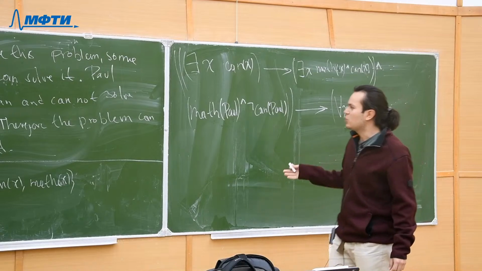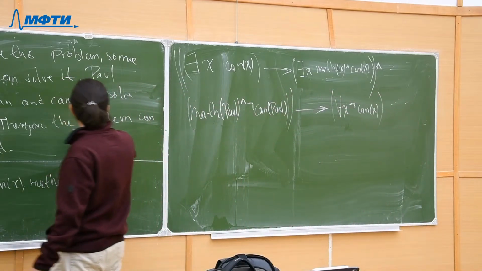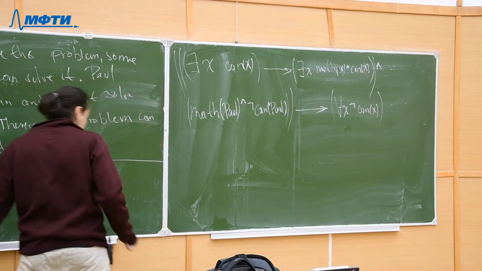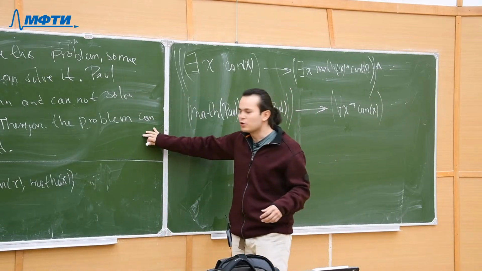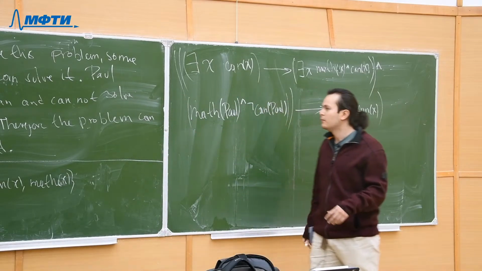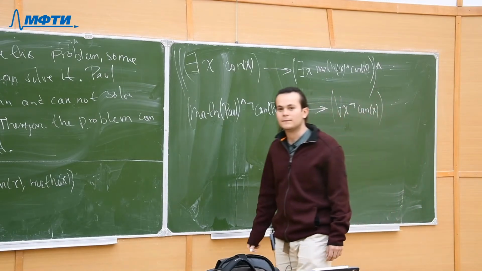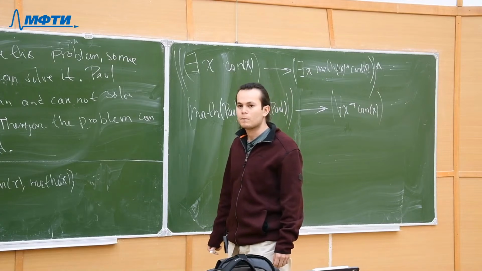Paul is a mathematician and cannot solve the problem. Therefore, the problem cannot be solved. What can you tell me just from these words? Why? Because there exists one person who is not a mathematician who can solve it.